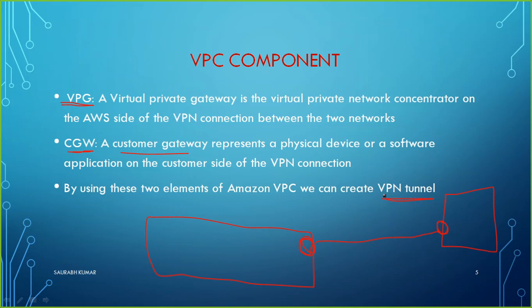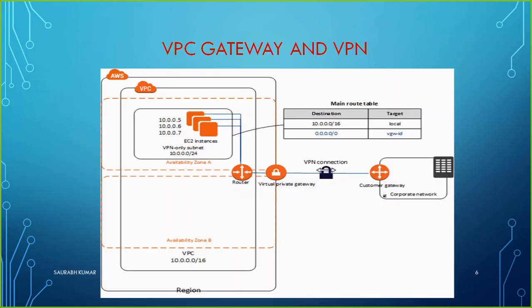Let's try to understand this same thing with the help of this picture. Here you see, we have the AWS VPC in a region, in a specific zone. Maybe we are running some instances. All these instances are connected to the router. The router is connected to the VPG, the virtual private gateway, and this gateway I am connecting with the help of my device, the customer gateway, and here I have the VPN connection.